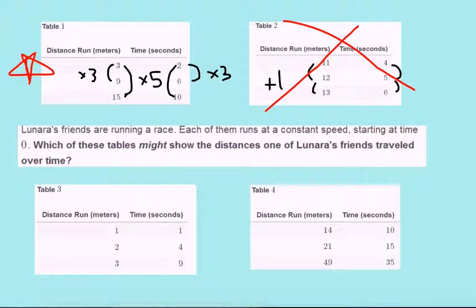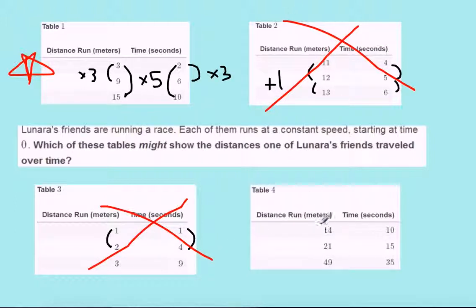Let's check out the next one. I go from 1 to 2, that would be times 2. 1 to 4 would be times 4. Those are not going to work out, so therefore they are not equivalent ratios either.